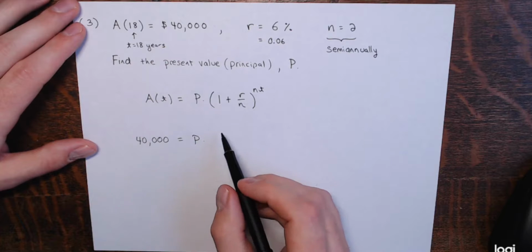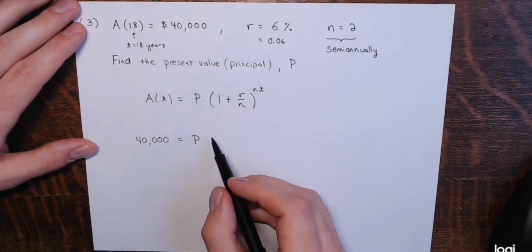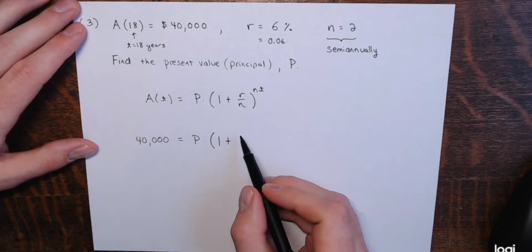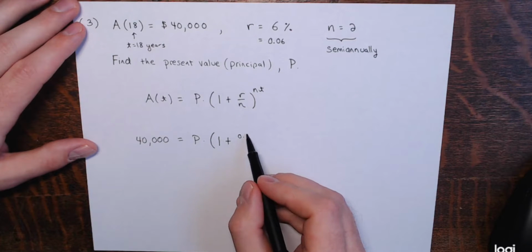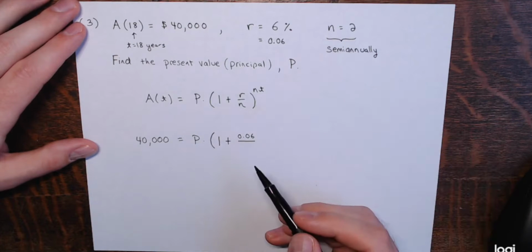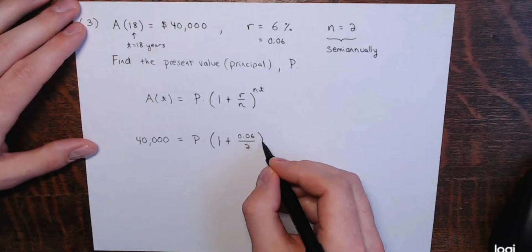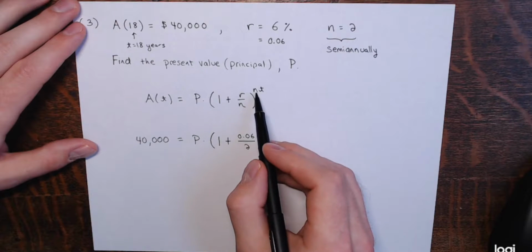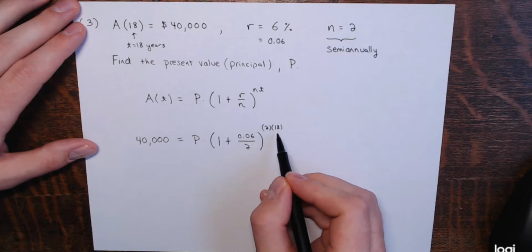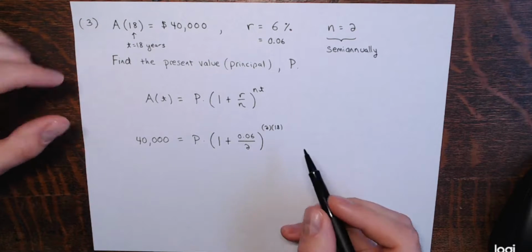But I do know R, N, and T, right? I know everything else. So times the quantity 1 plus R is 0.06, divided by N is 2. And then the power is 2 times 18, or 36.